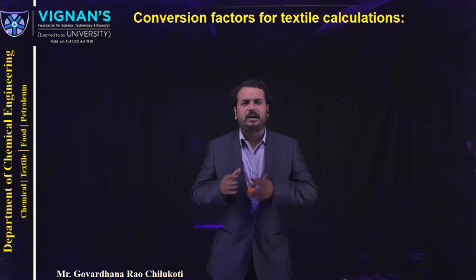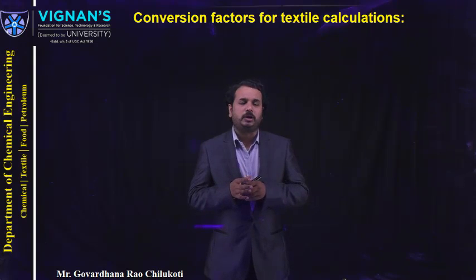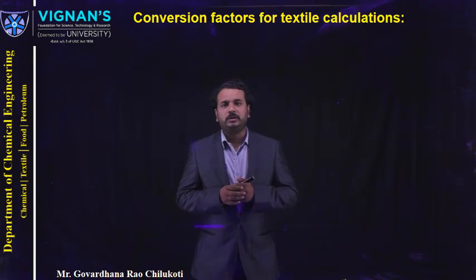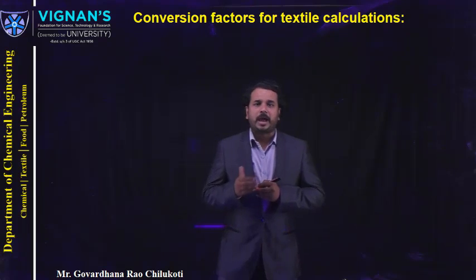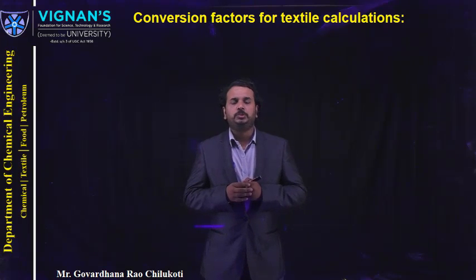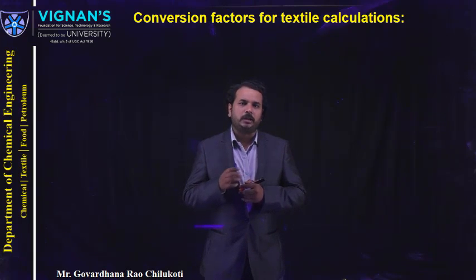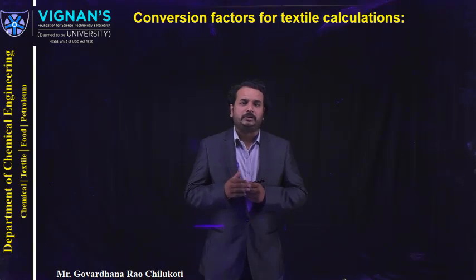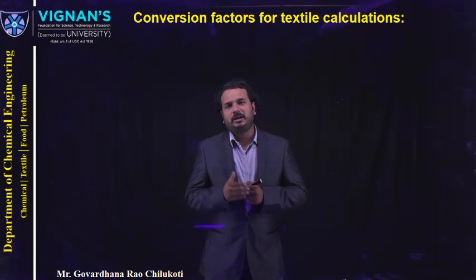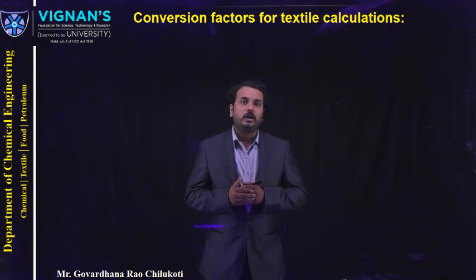There are others also, but most of the time for man-made yarns we use the direct yarn numbering system, that is tex and denier. In the case of indirect yarn numbering systems, we have many.